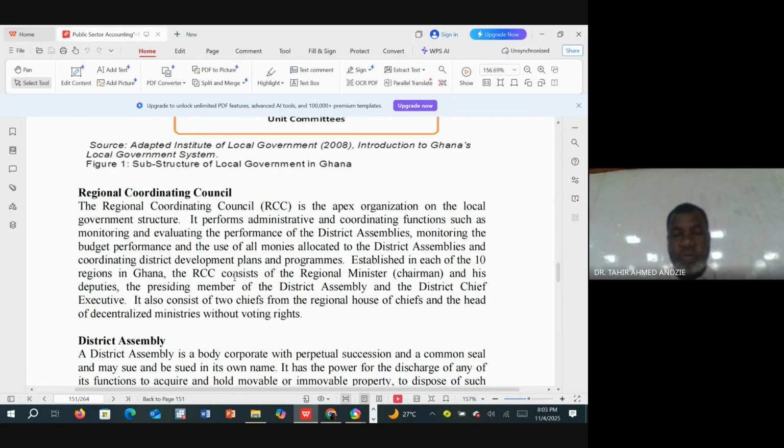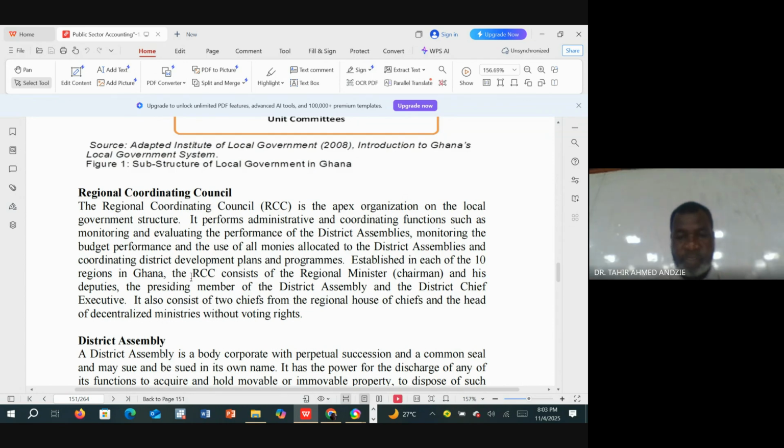So remember, look at the membership of the regional coordinating council. It is made up of the regional minister, who is a political appointee, and his deputies. So if he has one deputy, for example, now we have one regional deputy minister.